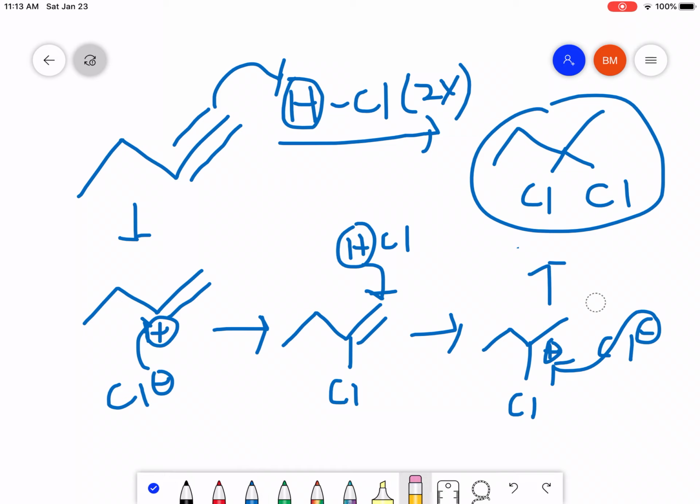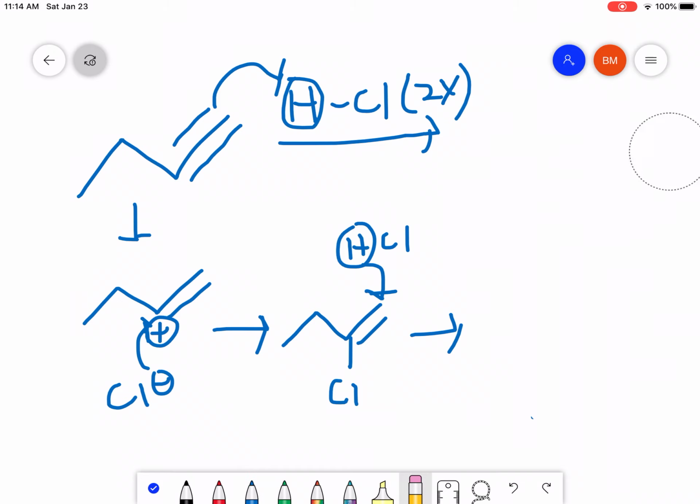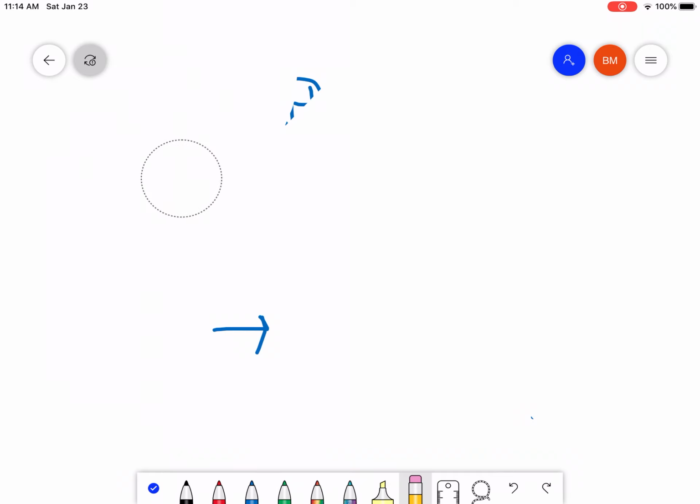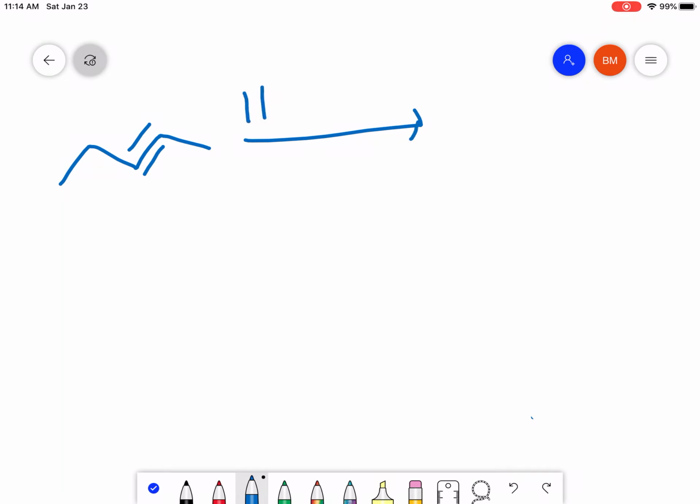I'll show you one more, just to show you that it can get a little bit more complex than this. You don't always have just a singular product. You could have one like this. This is an internal alkyne.